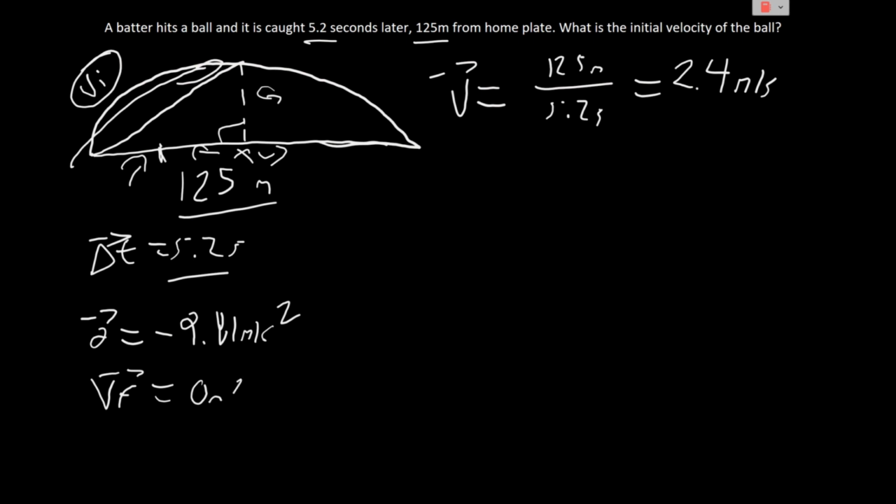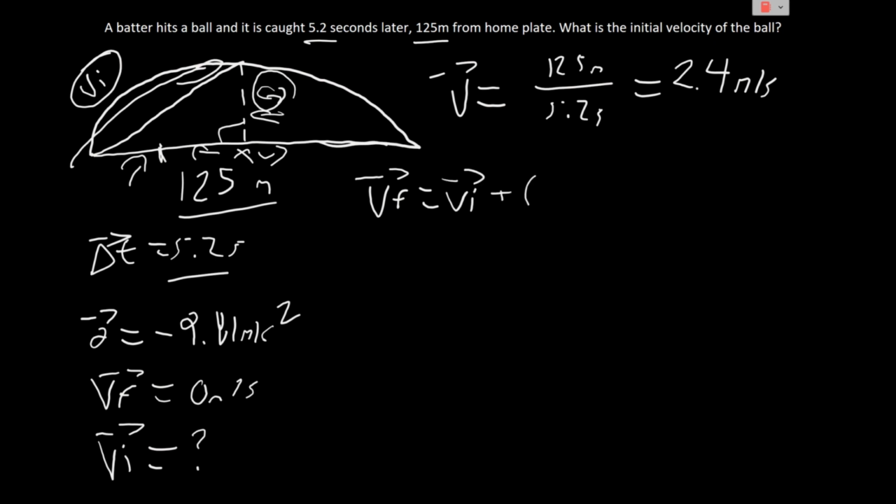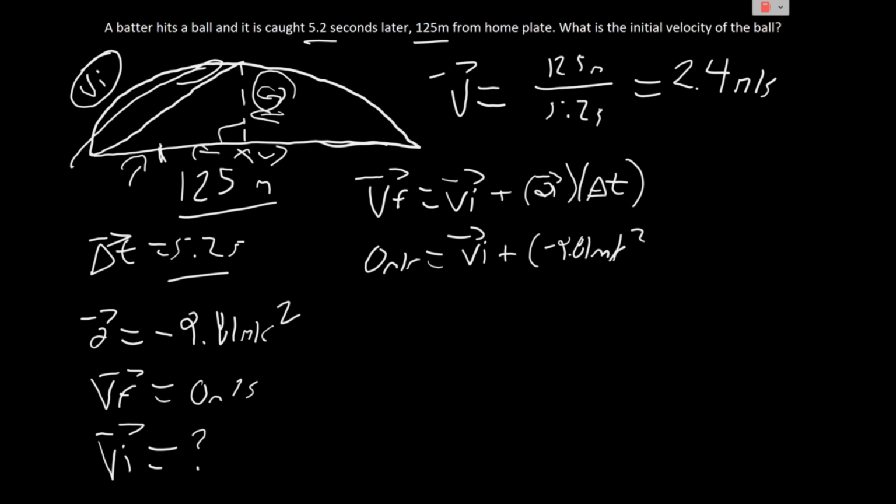And we just need to solve for the initial velocity, which will give us this side length. Using the formula, final velocity equals initial velocity plus acceleration times time, we have 0 meters per second equals initial velocity plus negative 9.81 meters per second squared times the time.